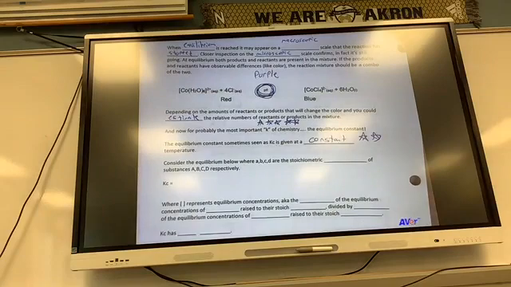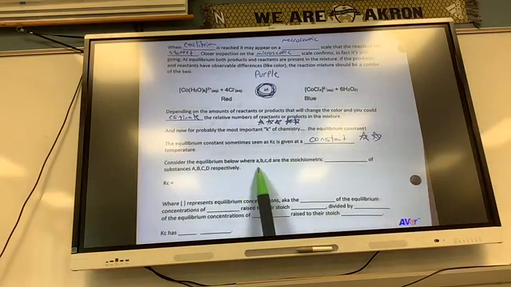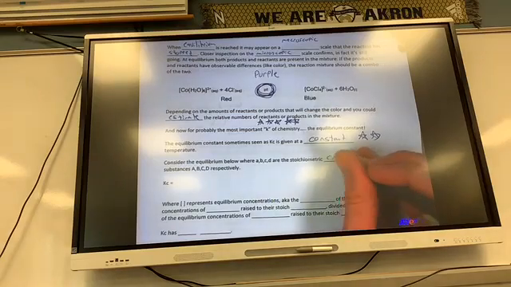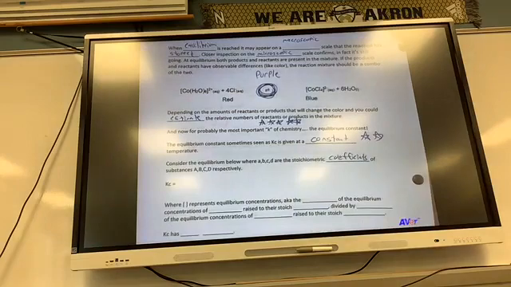So, consider the equilibrium below, where little a, little b, little c, little d are the stoichiometric coefficients of substances capital A, capital B, capital C, capital D, respectively.